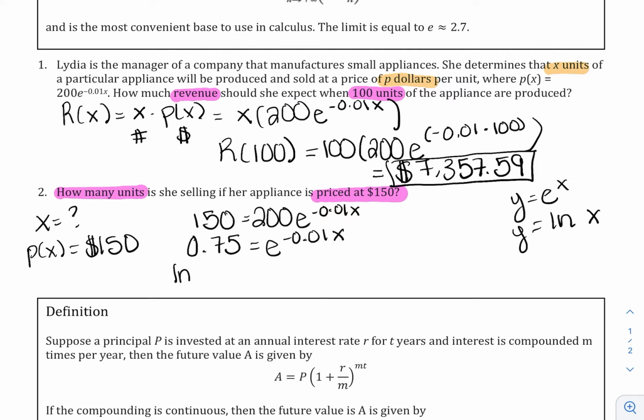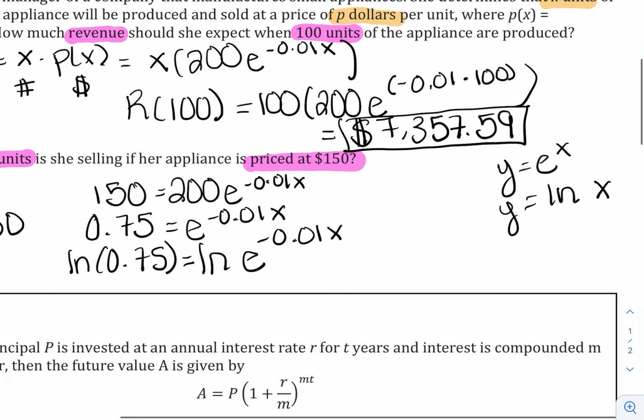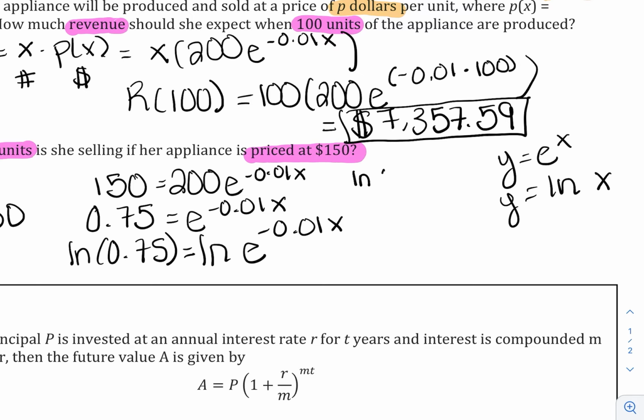So you have the ln of 0.75 is equal to the ln of e to the negative 0.01x. But because they're inverses, the ln and the e cancel each other out. So I have ln of 0.75 is equal to negative 0.01x. And then I divide by negative 0.01.